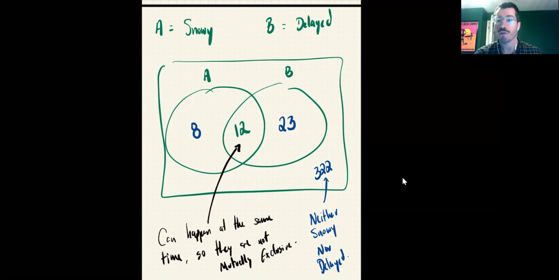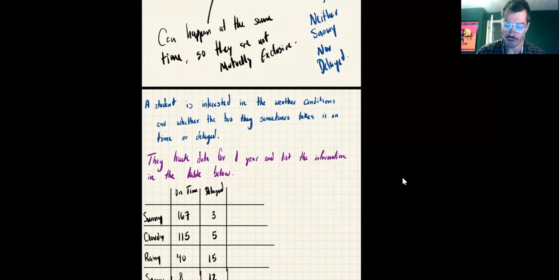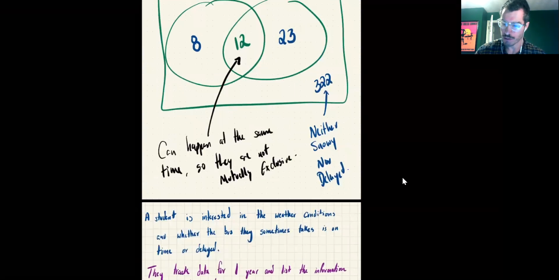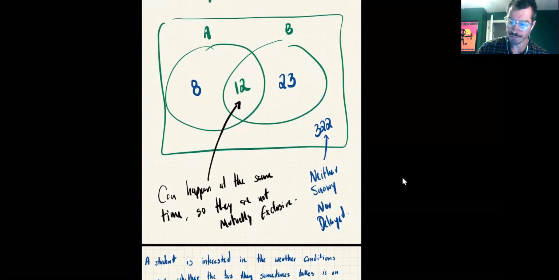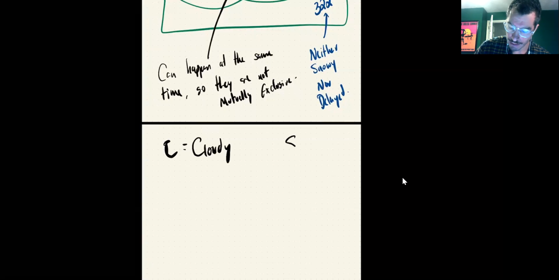Looking at a Venn diagram that would be mutually exclusive, let's take a look at the events of sunny and cloudy. Let's add a page. Let's let C equal cloudy, and S be sunny.